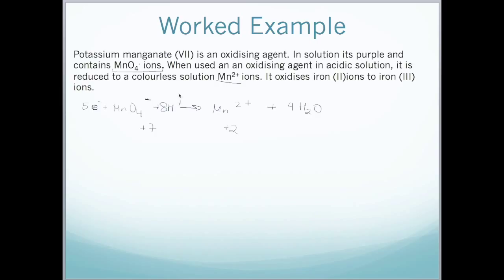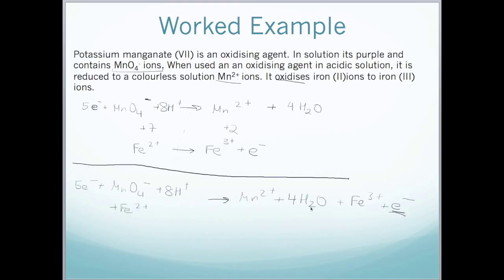And for iron we have Fe2+ going to Fe3+, and because it is an oxidation, the electron has to be on the right hand side, so the charges balance. To add these two equations together, we are going to have a problem with the electrons.